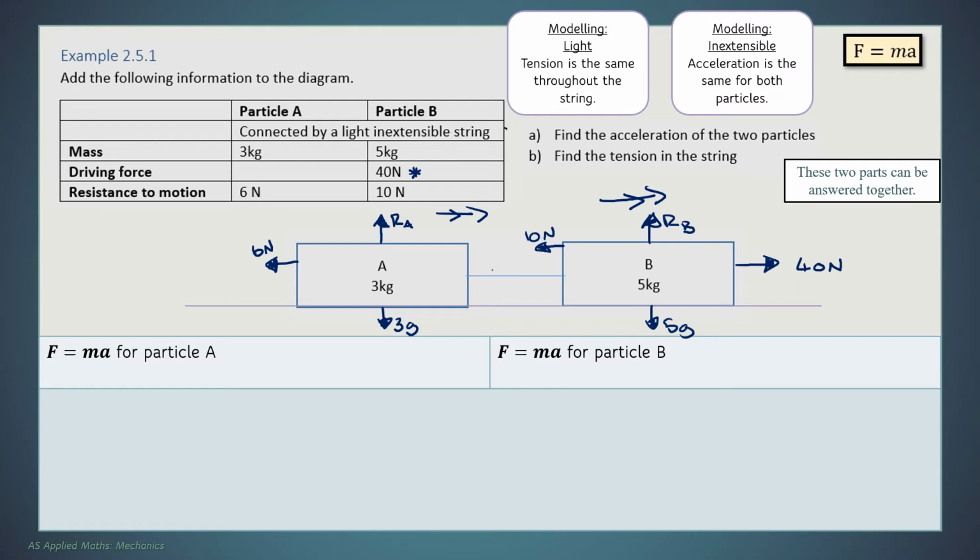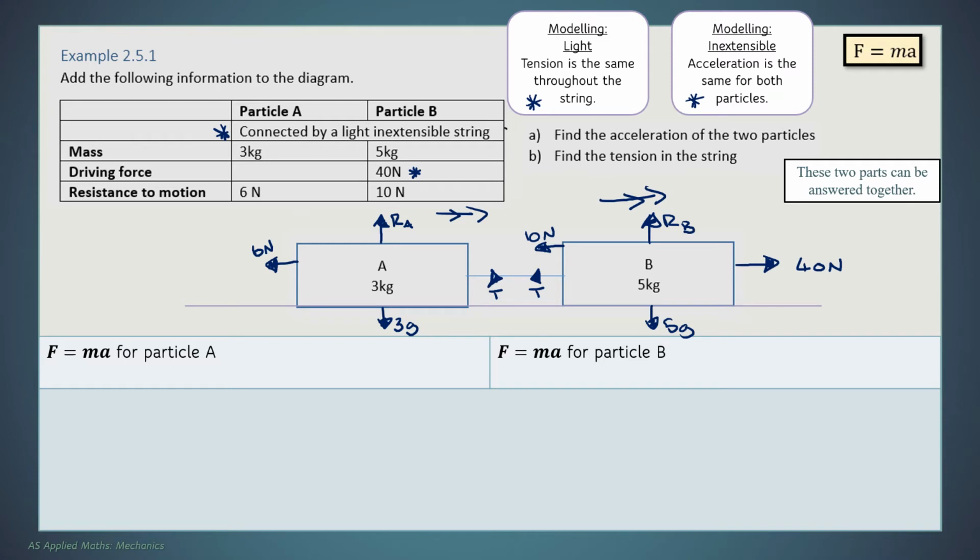Then the other force that you have to add in is this idea of tension. By Newton's third law, it is equal and opposite, and because we're told this modelling information here, connected by a light inextensible string, then we are applying these 2 modelling situations.